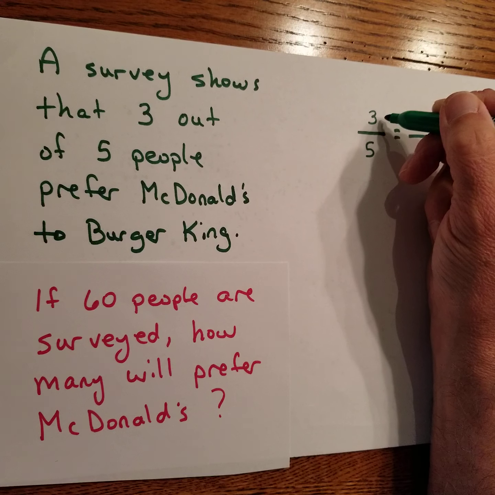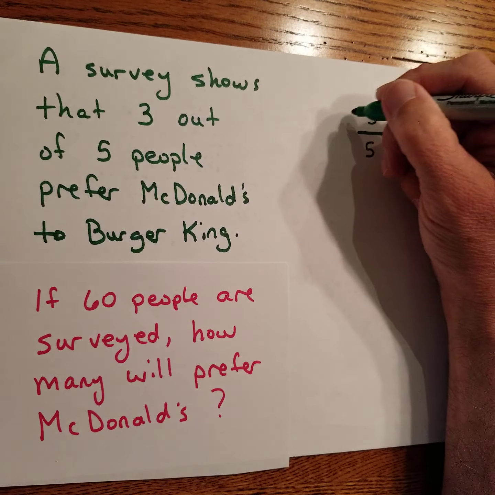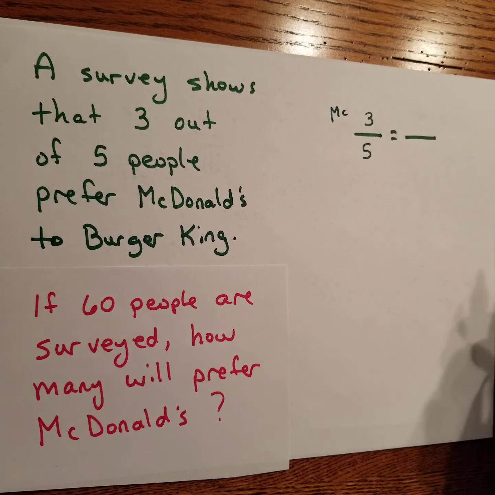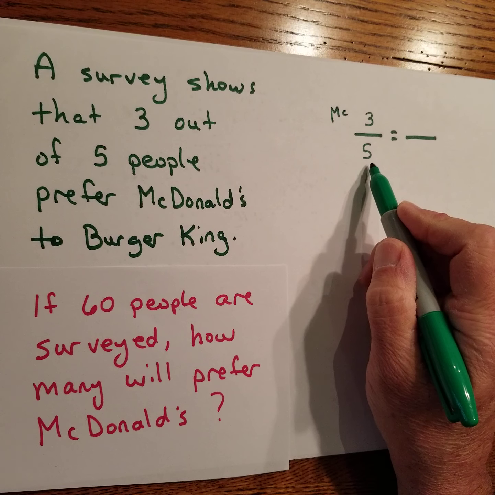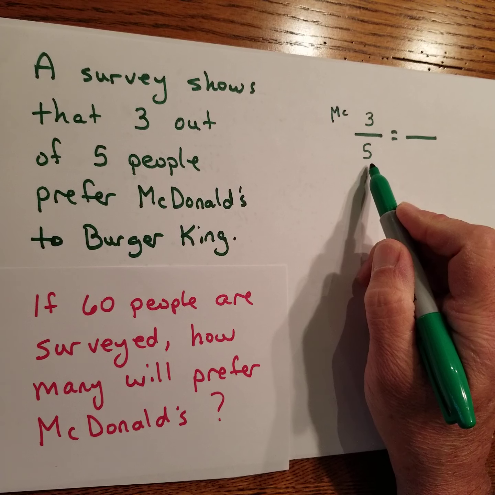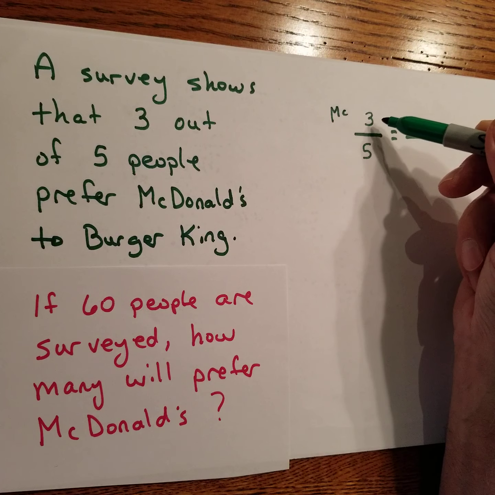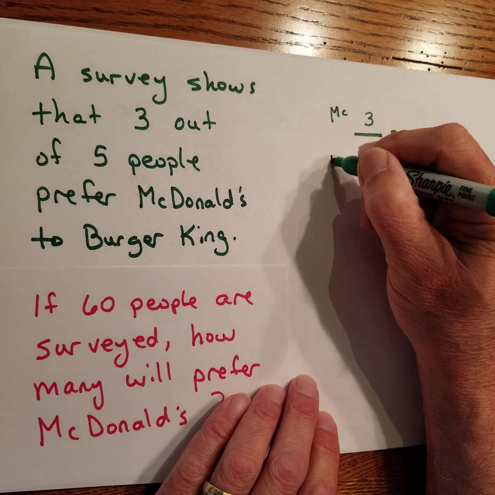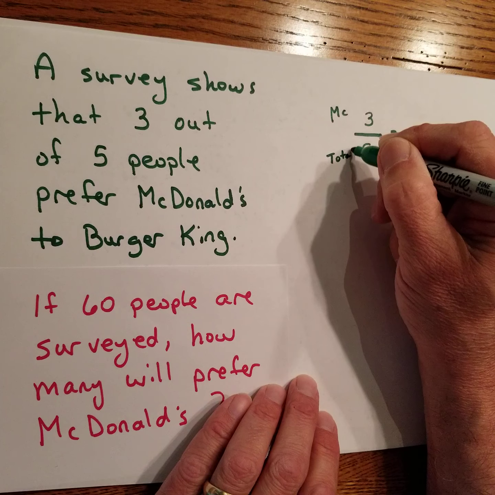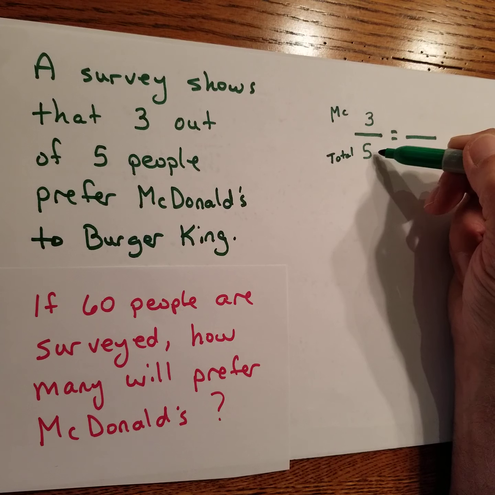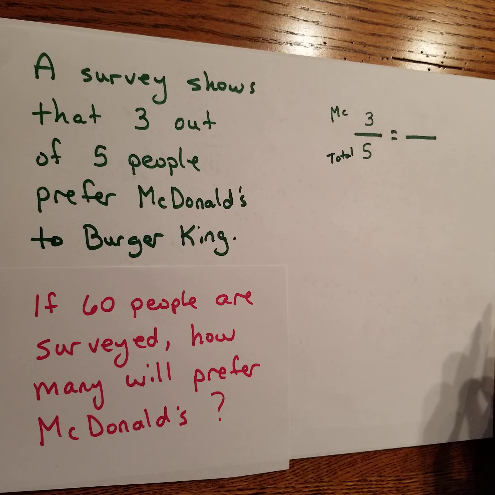Who are the 3? Well, 3 out of 5 prefer McDonald's. Who are the 5? Are those Burger King likers, or is that everybody? 3 people like McDonald's out of every 5. Let's call that total. 3 out of every 5 total people like McDonald's.